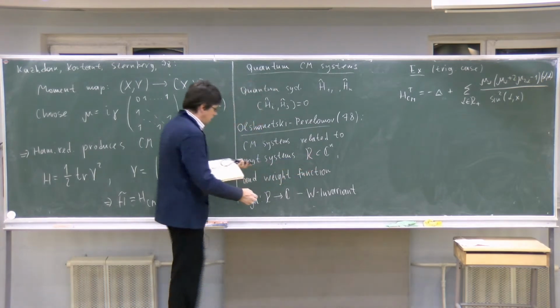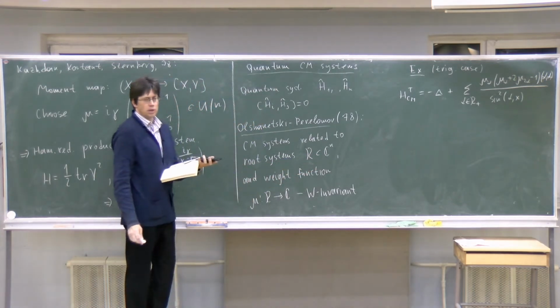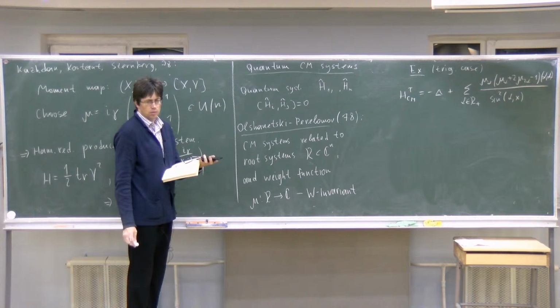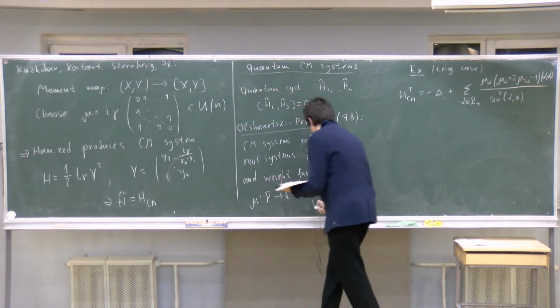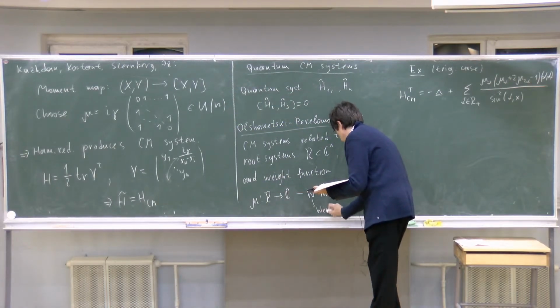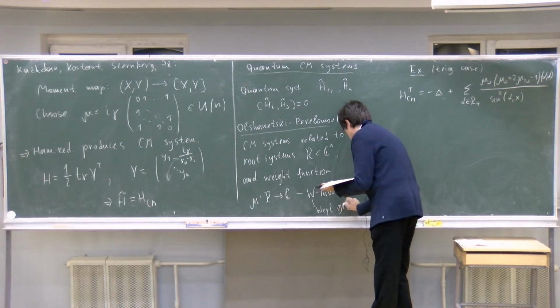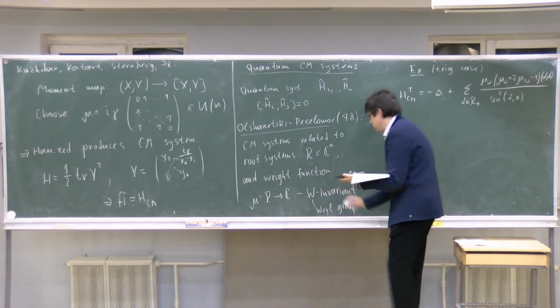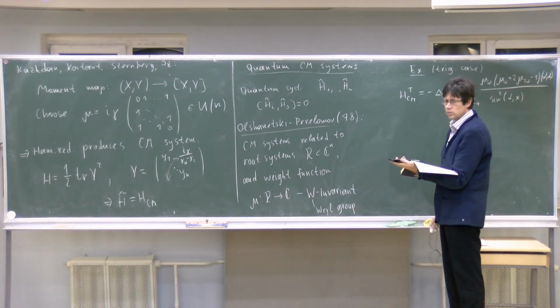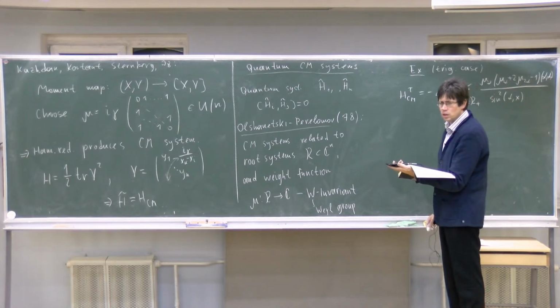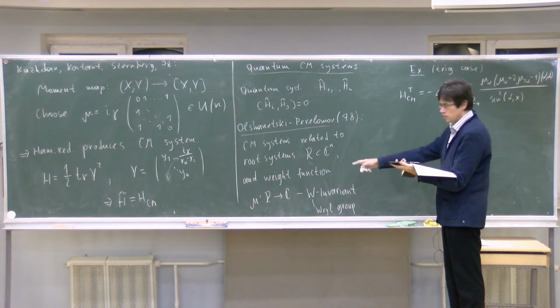Any function, but it must be W-invariant. You mean Weyl group invariant? Yes, W is a Weyl group, exactly. Can it be any linear function mu on this lattice?